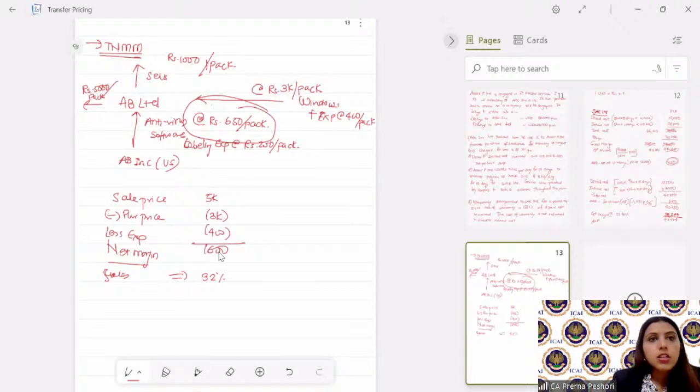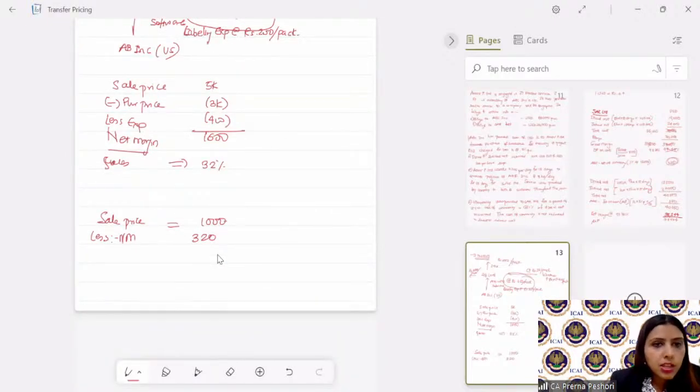Again, I will take the sale price to the customers, which is 1000, less net margin, which is 320, 32% on 1000. This gives me the cost, which is 680 rupees.